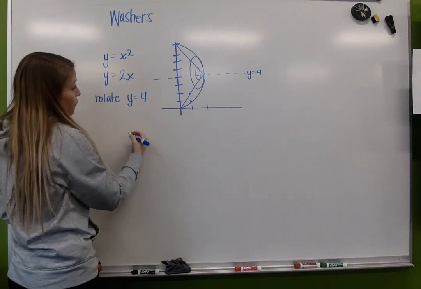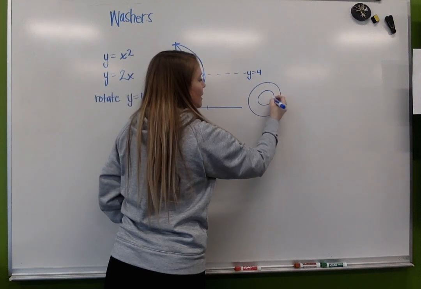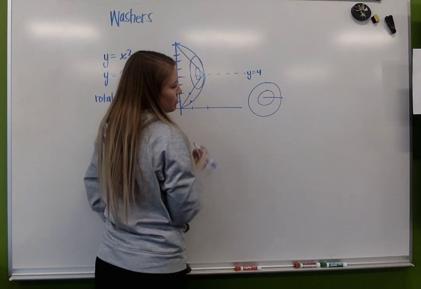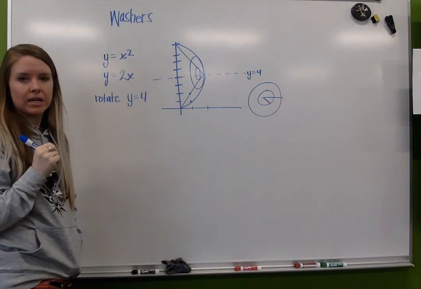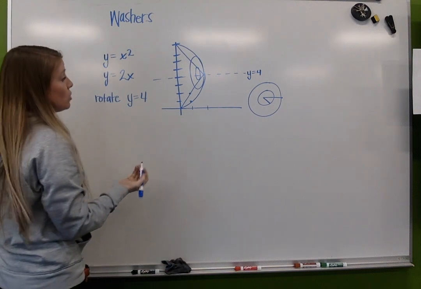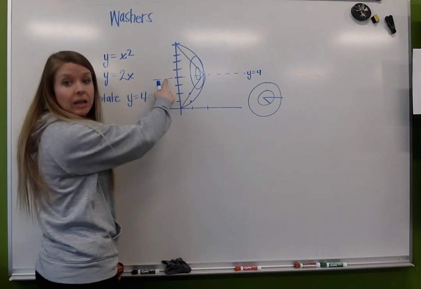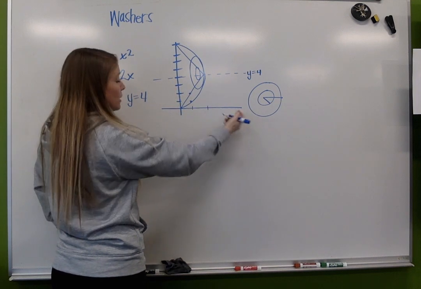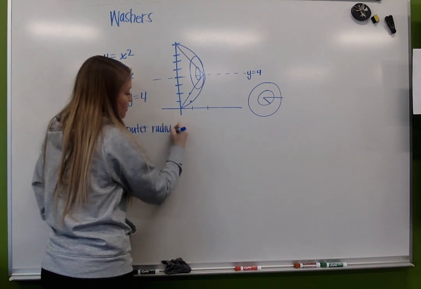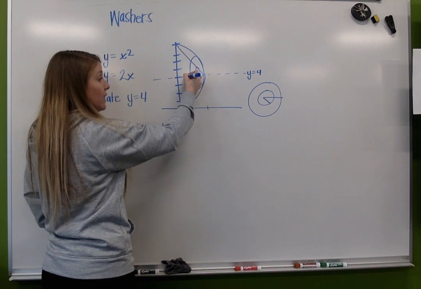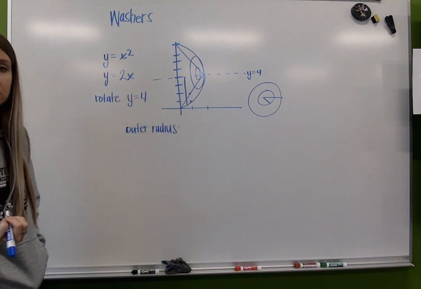So what I'm really looking for is if we're going to find the area of our washer, I need to know my outer circle's radius and my inner circle's radius. That's our goal. So if we look, your radius will always be based off of your line of rotation. So if I'm looking for my outer radius, I'm going to go from my line of rotation and I'm going to draw it to my outside function.